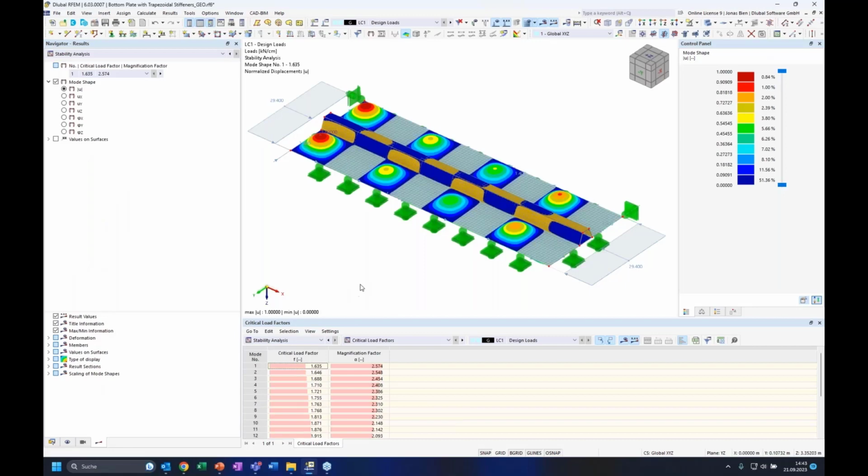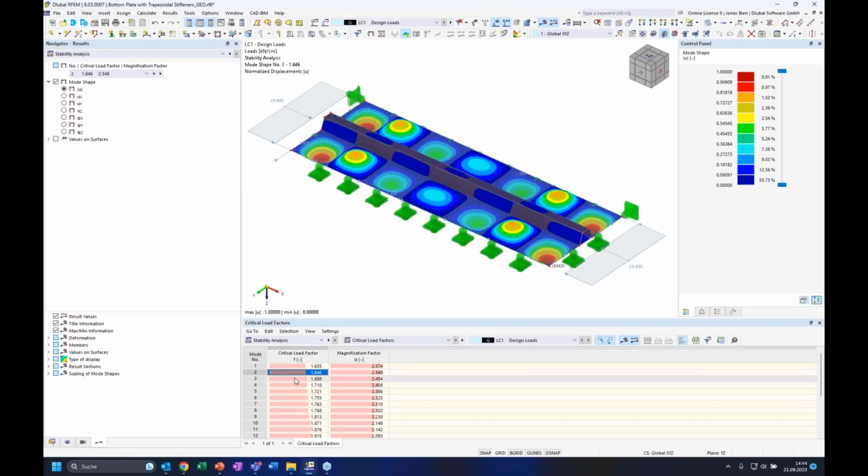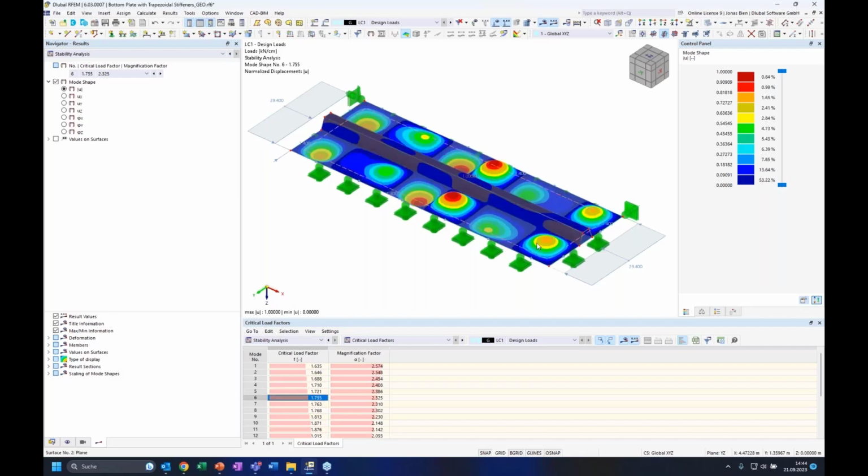We can check the stability results by going to this solution type. We can do that via this drop-down menu here in the navigator or in the table, and then browse through our eigenshapes. What we see here is that the first eigenshapes are all buckling of the subpanels.